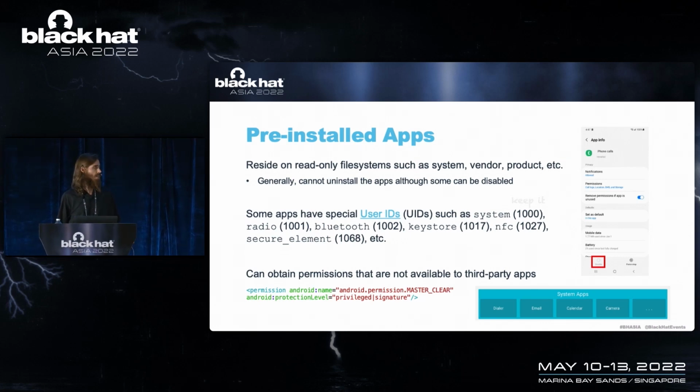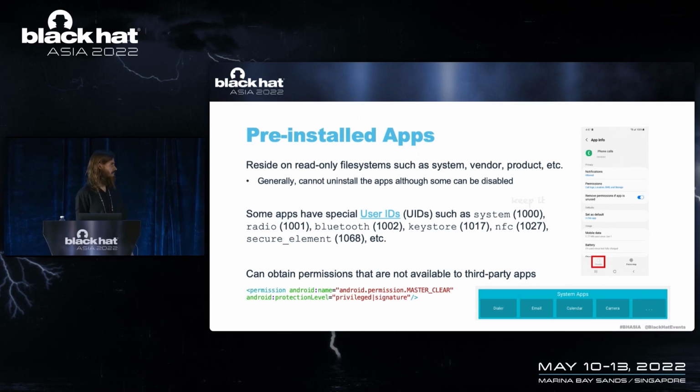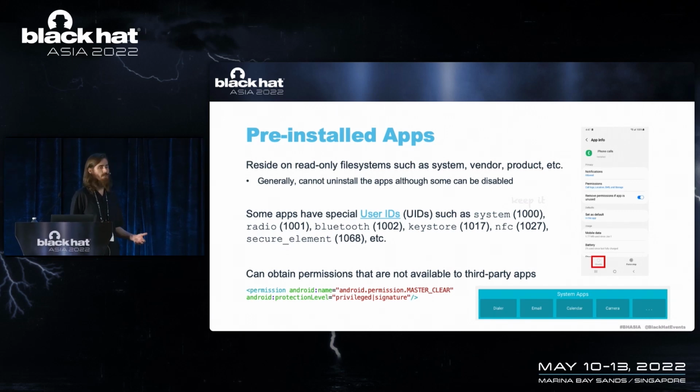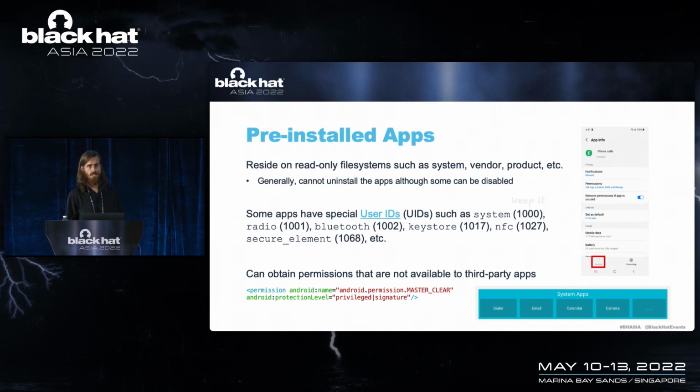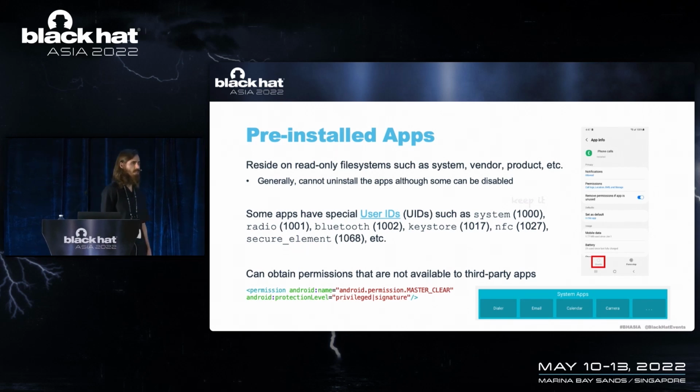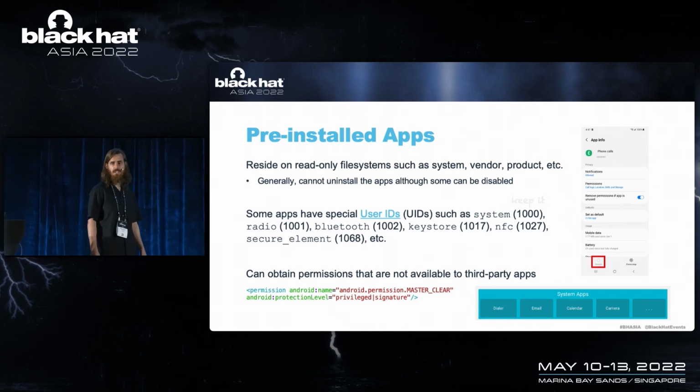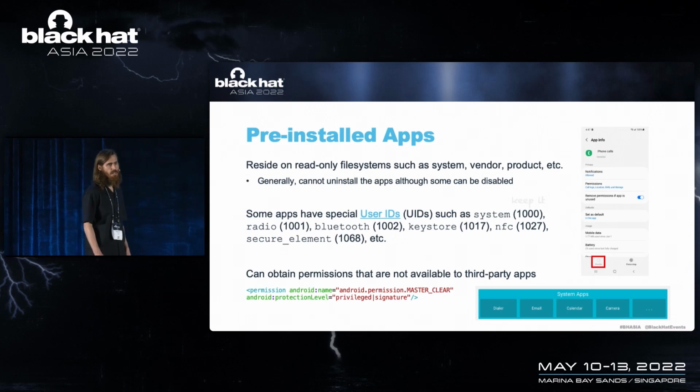Some of these pre-installed apps run with special UIDs. What we're going to focus on today is the system user, which uses UID 1000, but there's also radio, which is for phone, Bluetooth, keystore, NFC, and secure element. These pre-installed applications, by their nature of being pre-installed, have access to permissions that are not available to third-party applications. And a third-party application is an application that you install from an application marketplace.